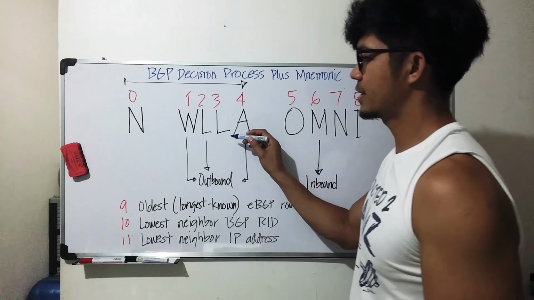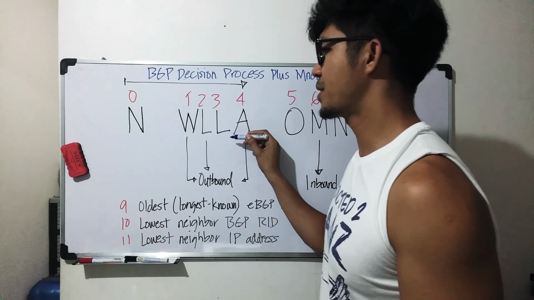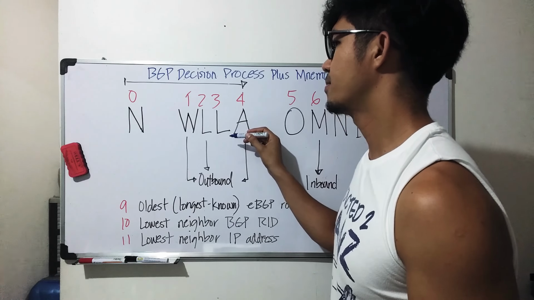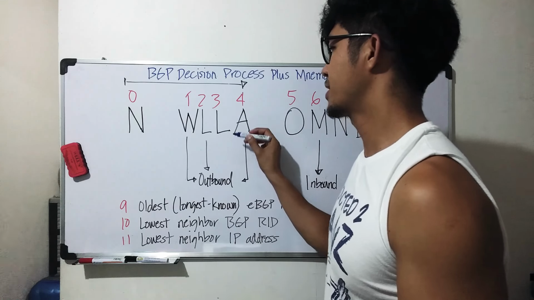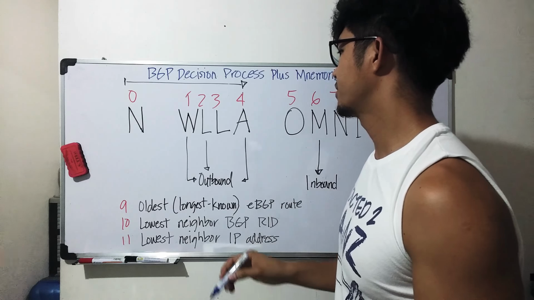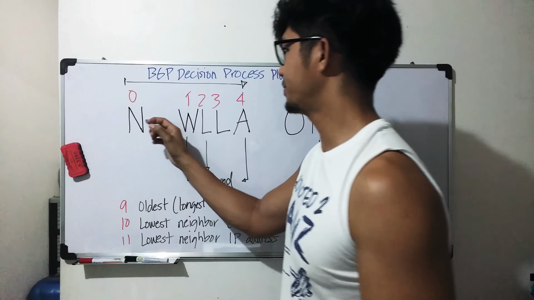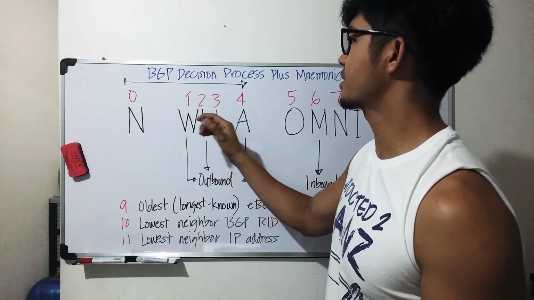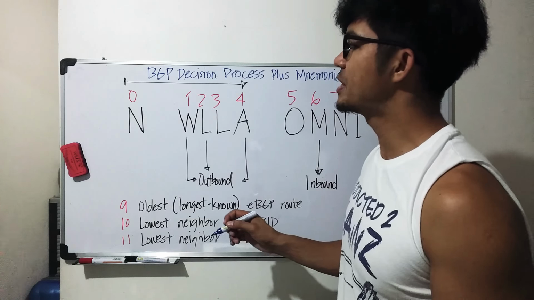These are the routes that are injected into the BGP routing table by using the network command statement. And by the way, I'm trying to explain the BGP decision process.